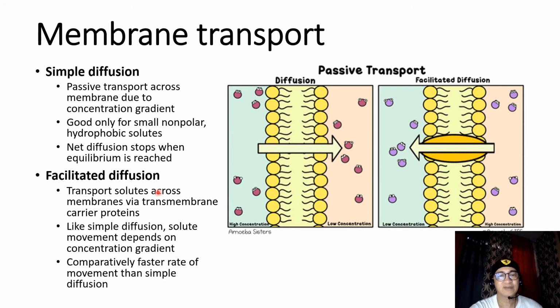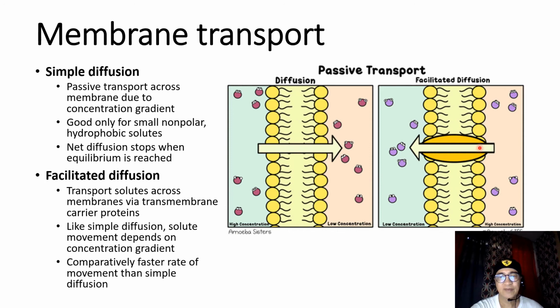But at least three things differentiate facilitated diffusion from simple diffusion. One is that the movement of the solutes by facilitated diffusion is faster than in simple diffusion. Secondly, it involves a transmembrane protein that facilitates the movement of the solutes unencumbered.